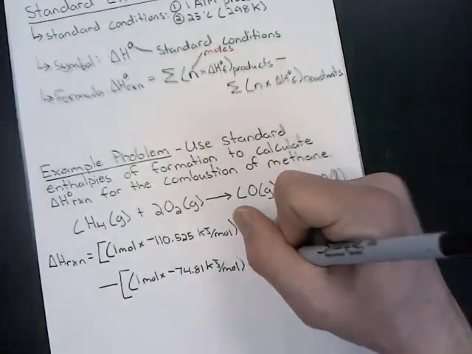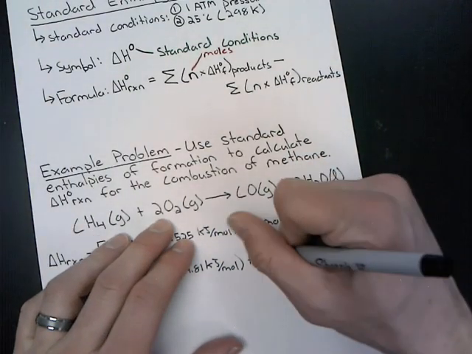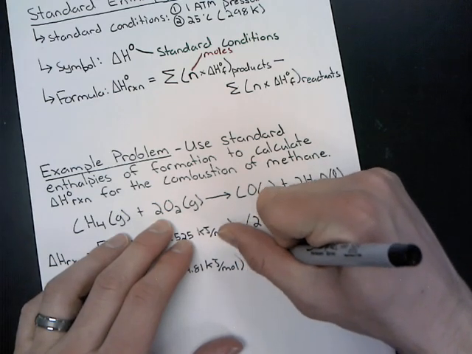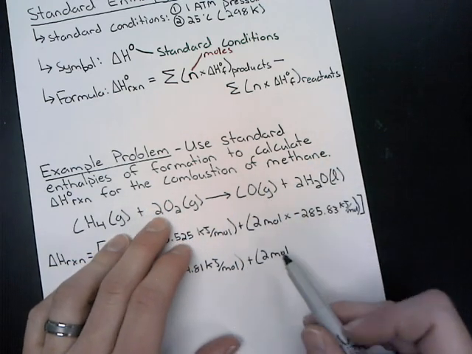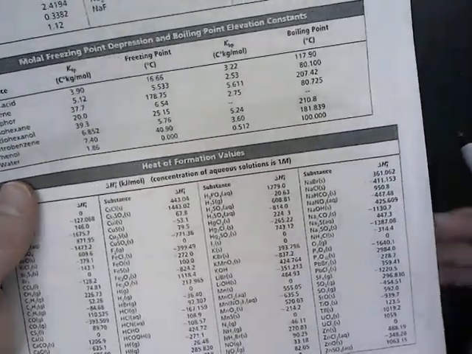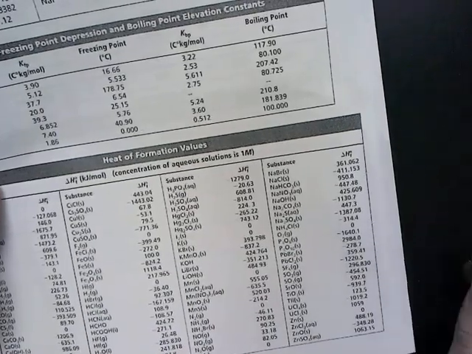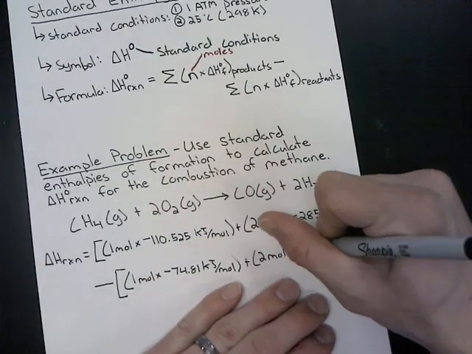We add together, because that is not the only reactant, 2 moles of O2. We put 2 moles, and we look up O2 as a gas. If we look on our chart here, we find O2 as a gas, and that is 0 kilojoules per mole.